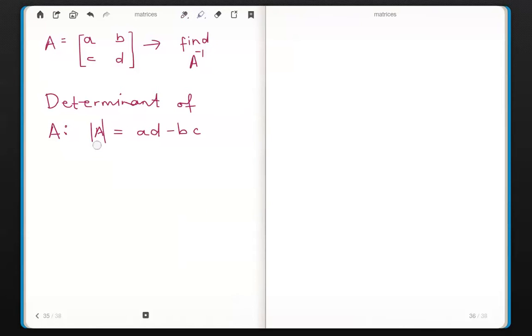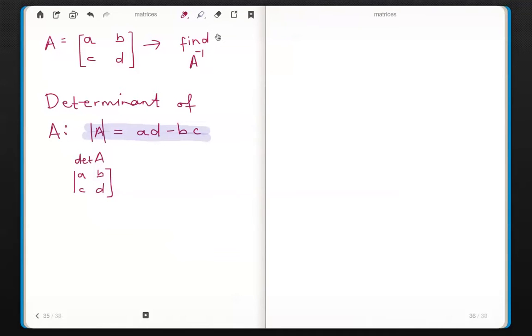Very important. There are a few ways we can write it. We could also write it as det A, which might be what it says on your calculator, or determinant of A, B, C, D.